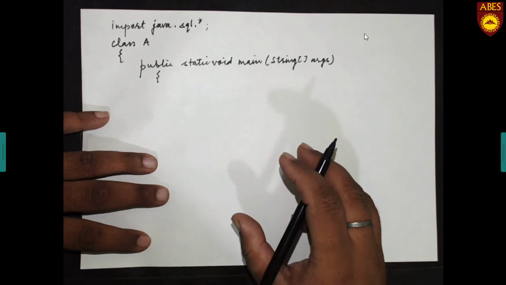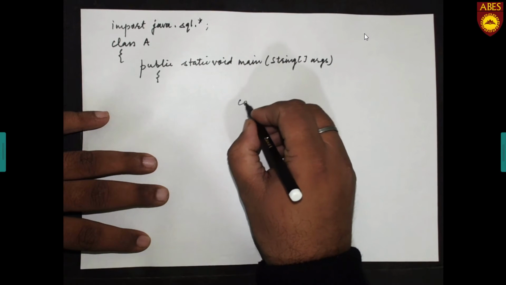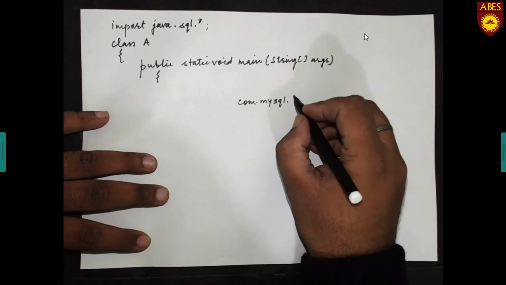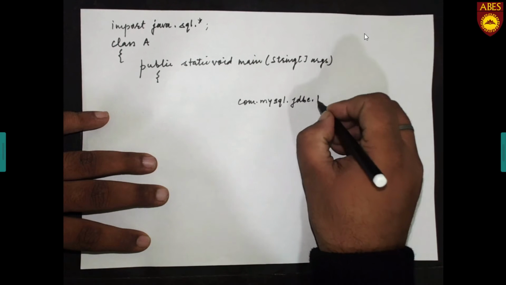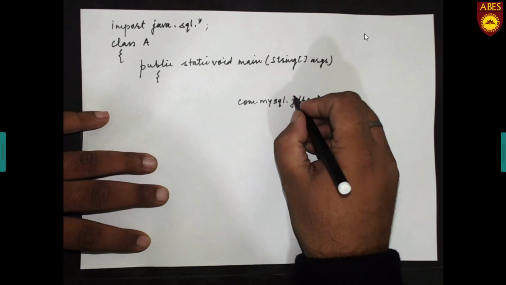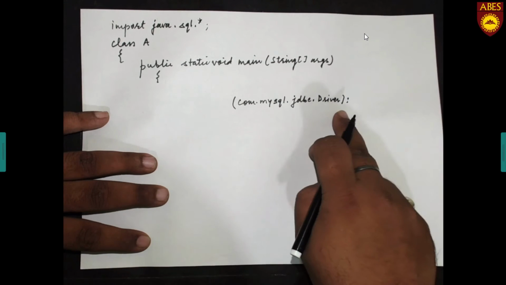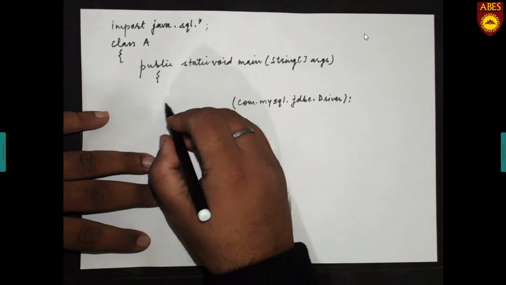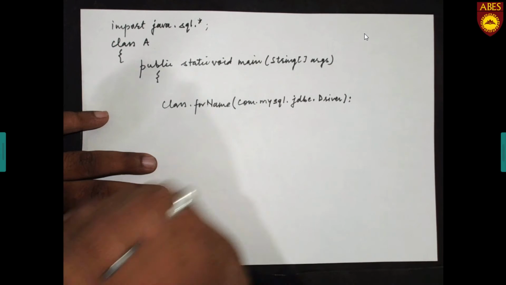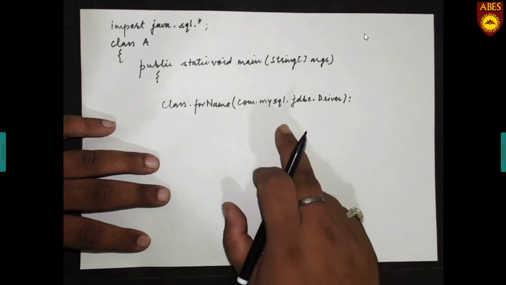The driver class we can get from com.mysql.jdbc.Driver, and registration of this class is done by the Class.forName method. So through Class.forName we register the driver class.